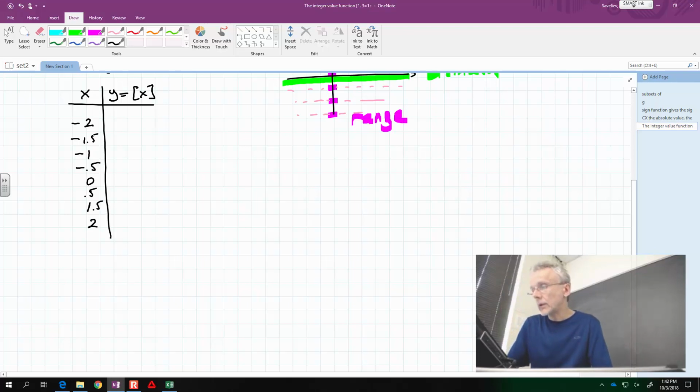Okay, so a little bit more values than usual. I'm not going to have a formula, but we know what the answer is supposed to be. So what is the integer value of negative 2? Negative 2. Okay. Of negative 1.5?